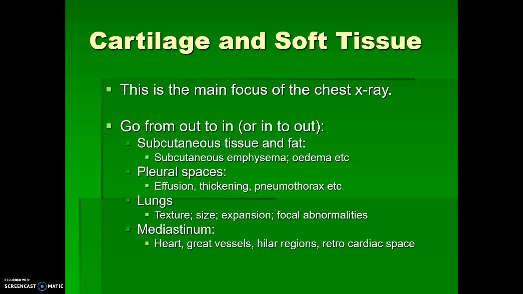Then you look at the lungs for texture, size, the degree of expansion, and any focal abnormalities. Look at the pleural spaces to identify any effusions, any thickening or pneumothoraces, and then the subcutaneous tissue and fat, where you might see things like subcutaneous emphysema or subcutaneous edema.